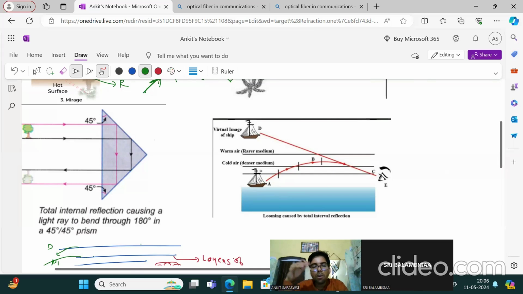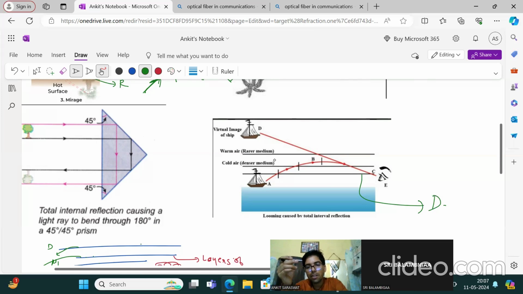Clear? Now, if you are going to the coldest area, then the bottommost layer is more dense. And if you go above, the medium becomes rarest. Cold air is a little bit heavy, so it moves to the bottom side. Then the rarer medium, warm air, is lifted up and goes to the top layer. Like convection current. Did you learn convection current in your seventh class?